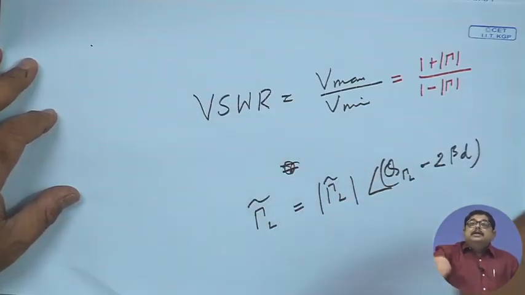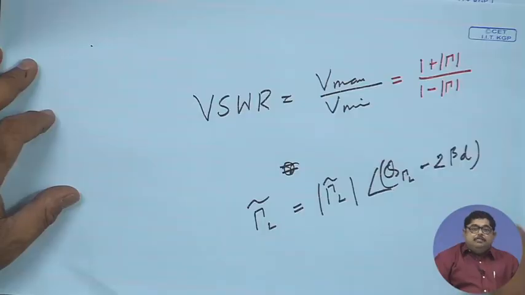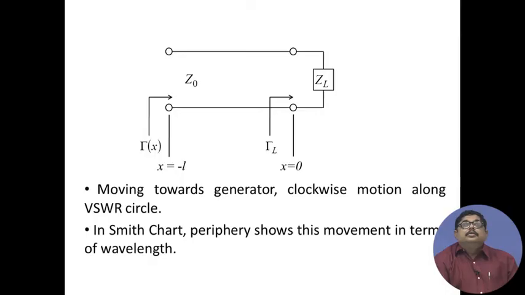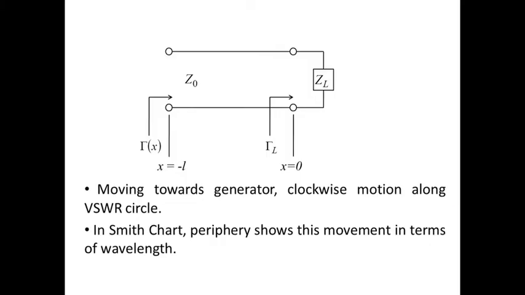So, basically moving along the transmission line means, now come back to the slide, in the Smith chart we move along a constant VSWR circle. So, we know that in a transmission line, if we move towards the generator in the VSWR circle, that will be clockwise motion along the VSWR circle.